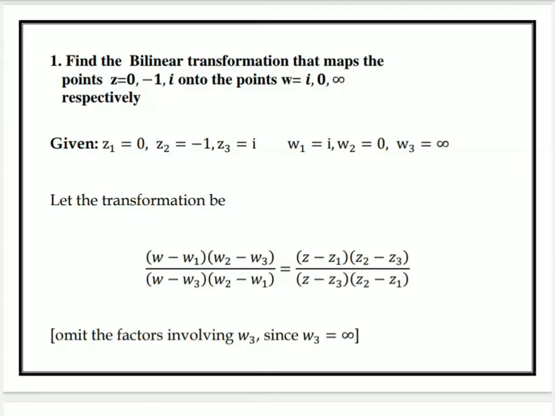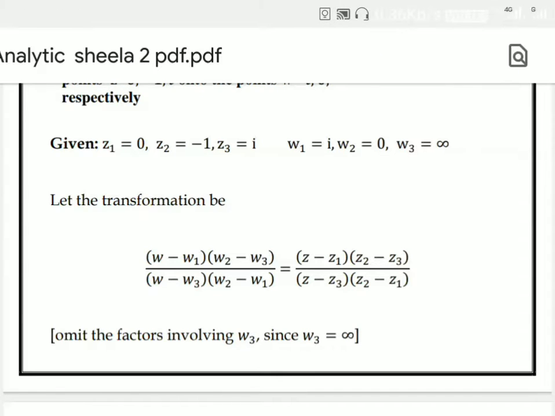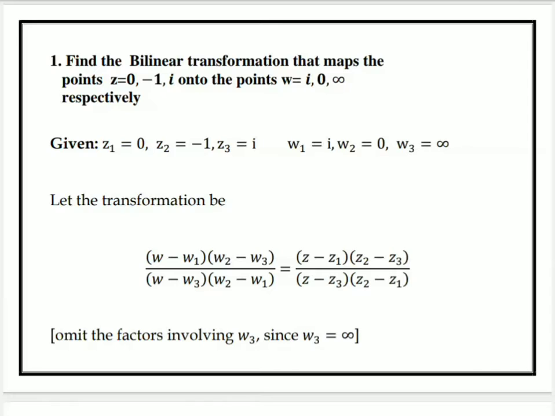The bilinear transformation is (w - w1)(w2 - w3) divided by (w - w3)(w2 - w1) equals (z - z1)(z2 - z3) divided by (z - z3)(z2 - z1), omitting the factor involving w3 since w3 is equal to infinity.